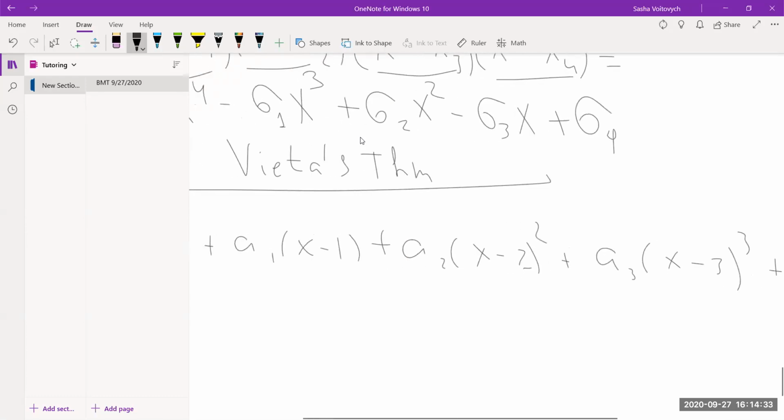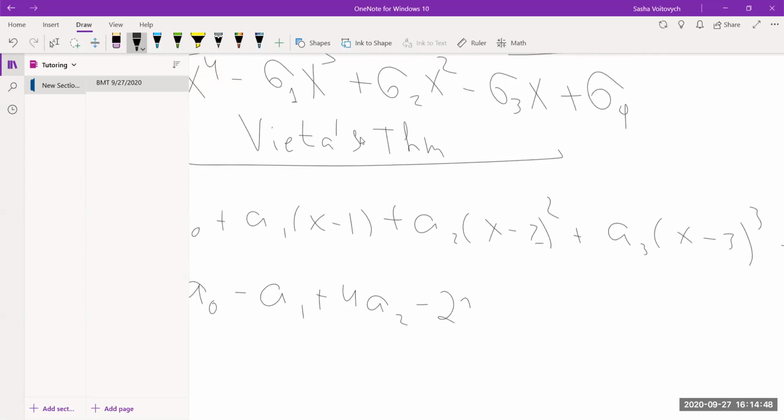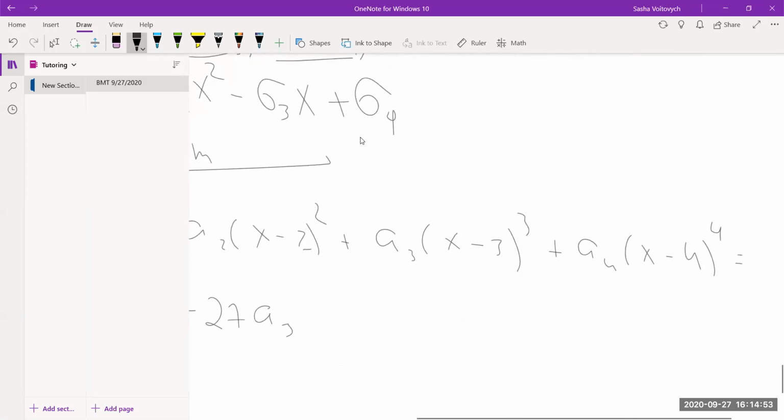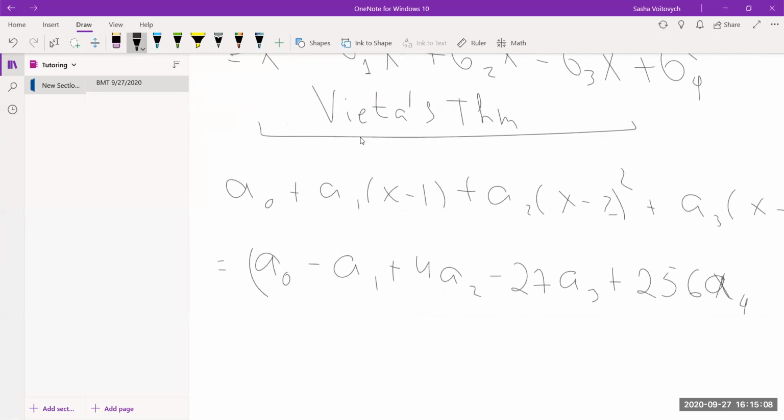So the free term will have a form of A0 minus A1 plus 4A2 minus 27 A3 plus 256 A4. This is our free term.